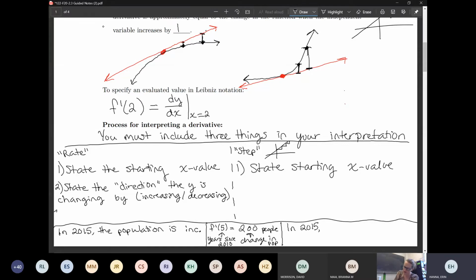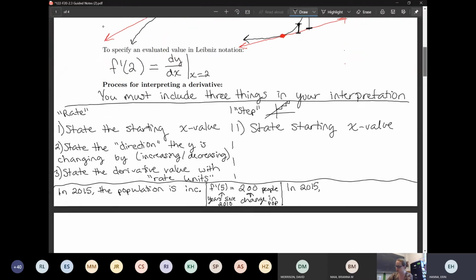And then how you finish it is you state the derivative value with what I like to call rate units. It's not really the formal way to phrase it, but I think it gets the point across. What I mean there is this derivative has units of people per year, if I'm going with this little tiny example that I'm kind of working with down here.